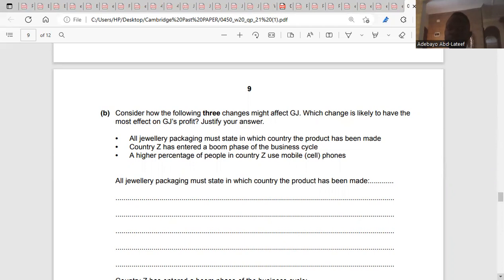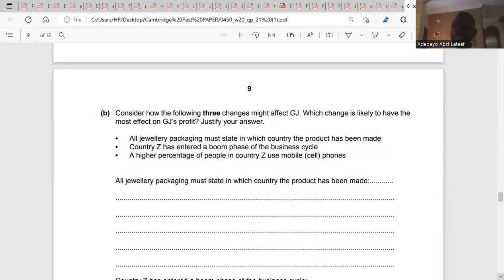This means GJ has to state which country the product has been made. That means customers will be able to know the country, and they might have interest in different countries.